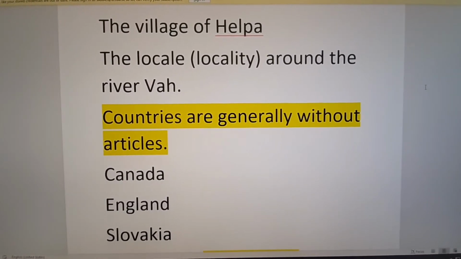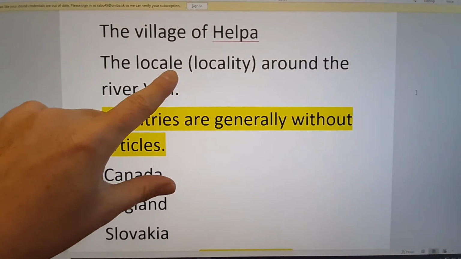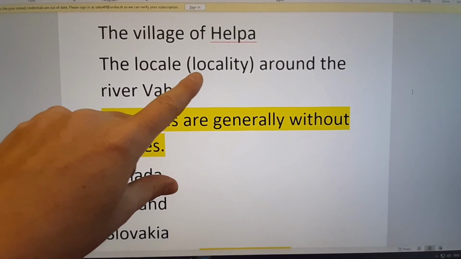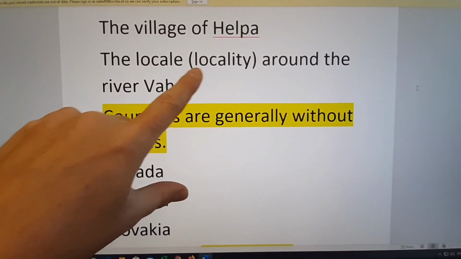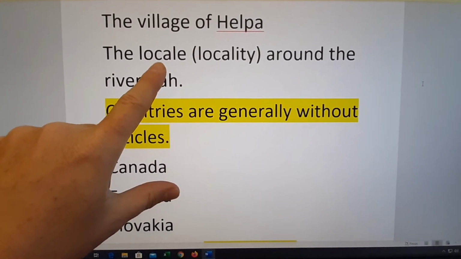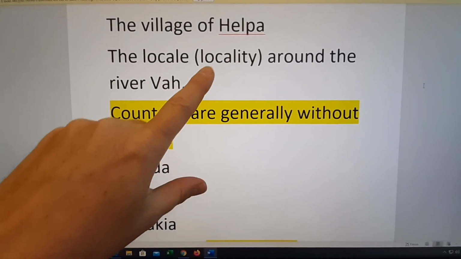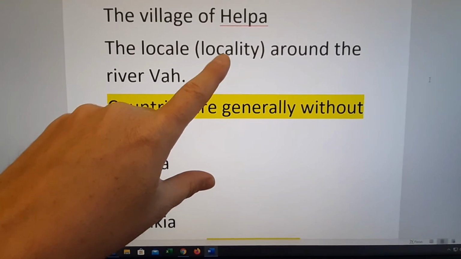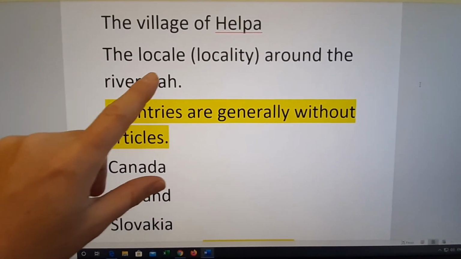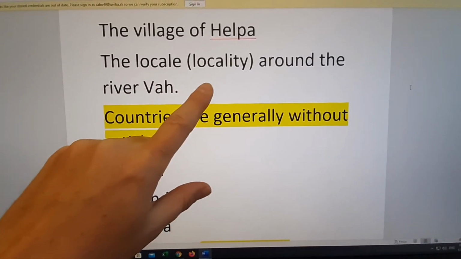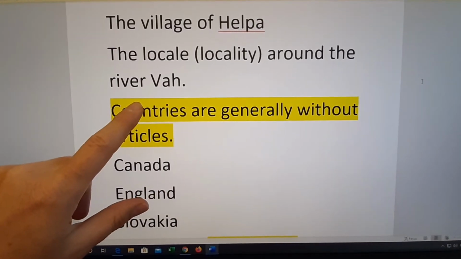Another word I see very often is lokalita. We use locality; locale is actually probably the better word. But here in Europe, I see locality, so we'll leave it like that. So we can say the locale or the locality around the River Vach.